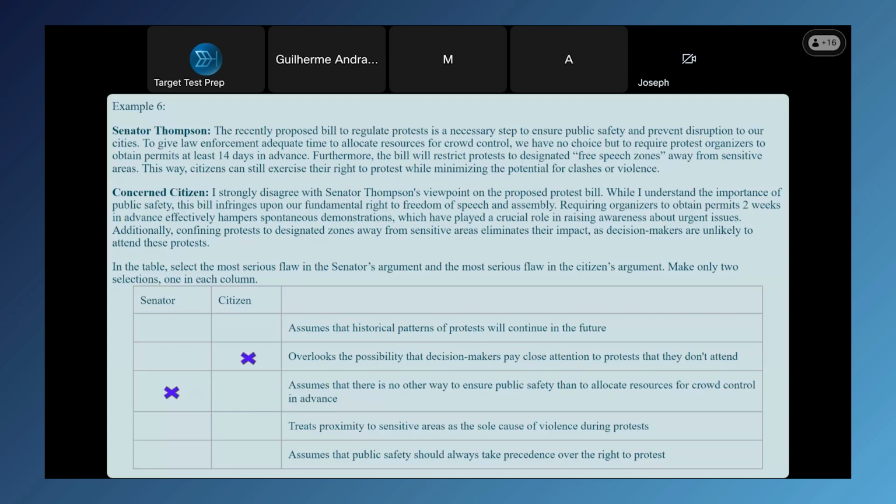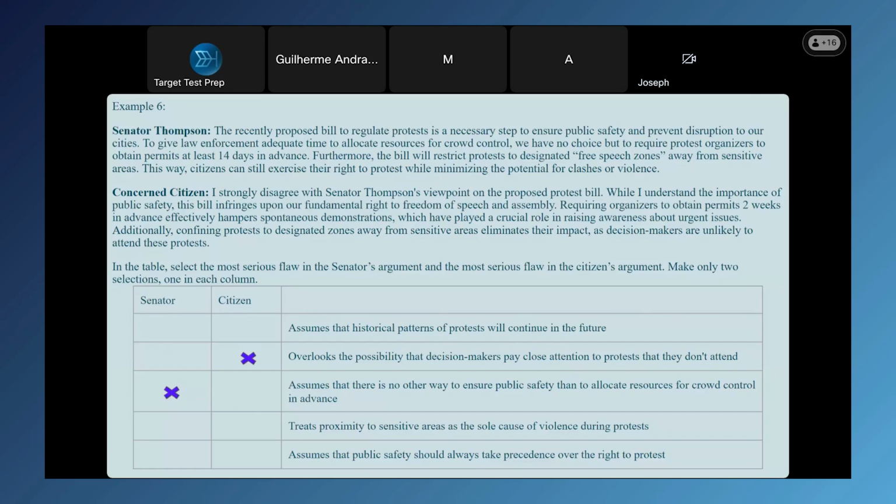So you're right, that is the history I'm looking for. That is not a logical flaw necessarily. There's no reason to think that they would no longer play a crucial role based on what we know in the passage, but that is something that the citizen does.